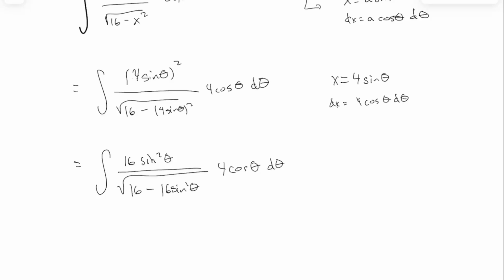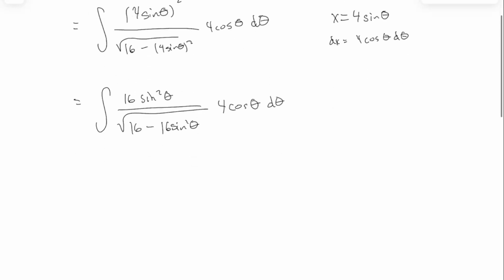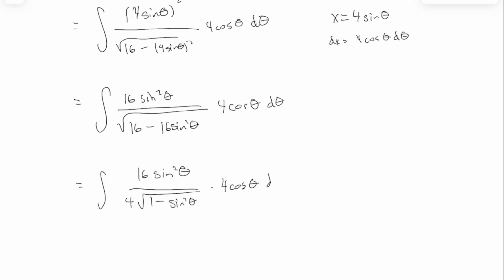What else can we do? You can factor out the 16. Yes, factor the 16 out of the square root sign and it becomes a 4. When you pull something out of a square root like that, it has to get square rooted on its way out. So this is 16 sine squared theta over 4 square root 1 minus sine squared theta, and then 4 cosine theta over here.